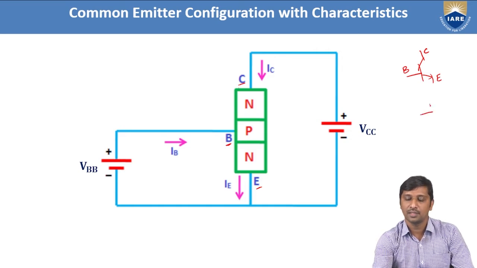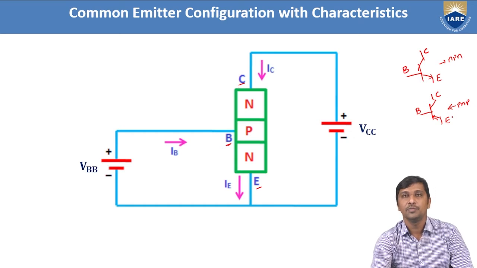Now look at the PNP transistor representation: base, collector, and emitter. This is the PNP model, and this is the NPN model.